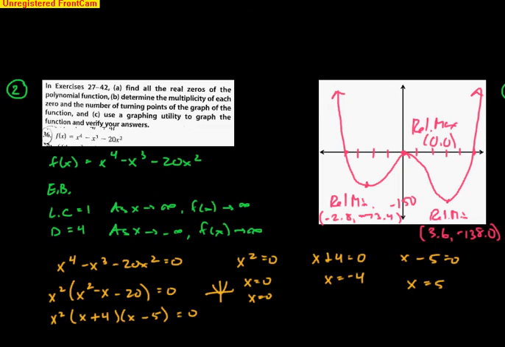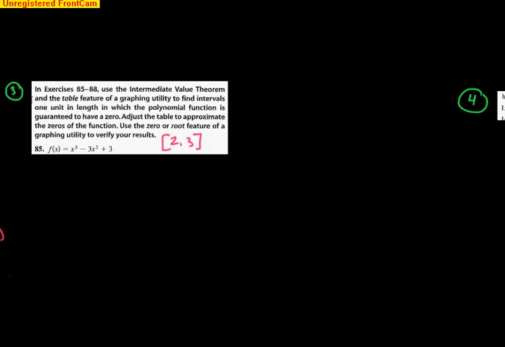Alright, very good. Next, 3. Intermediate value theorem. Okay, here's your equation. F of x equals x cubed minus 3x squared plus 3. And I want to use the intermediate value theorem to talk about why there is a 0 in this interval. Well, what you need to do is take these two integers, 2 and 3, and plug them into the function.